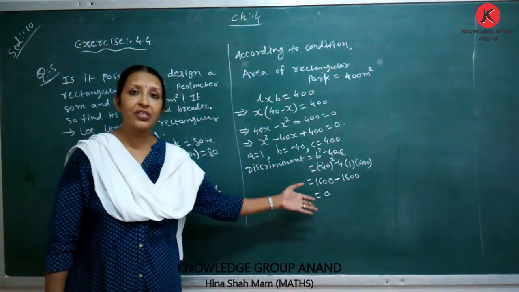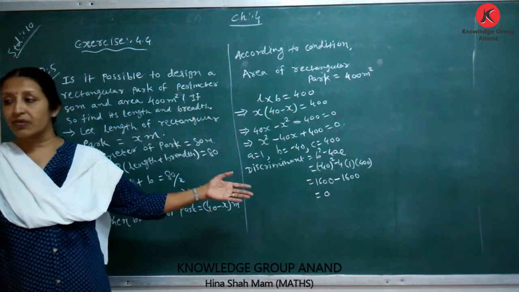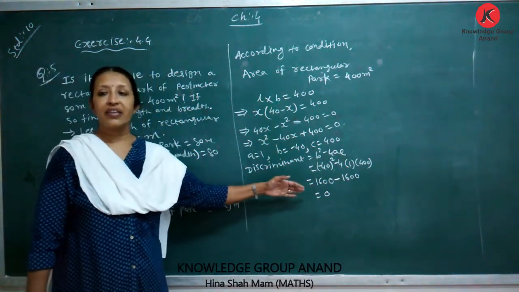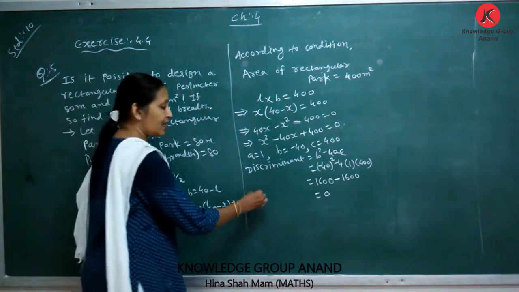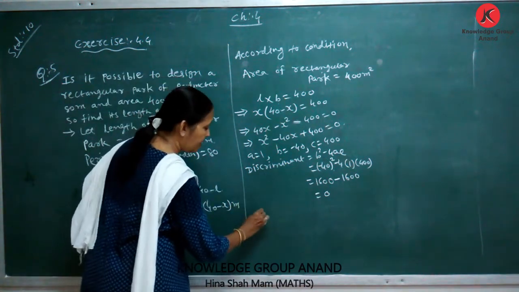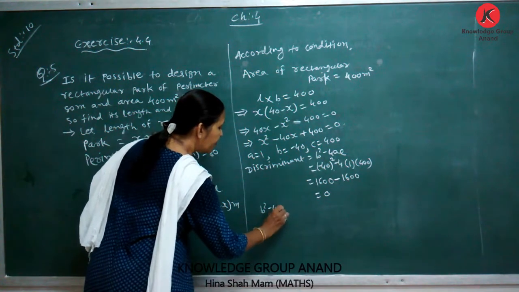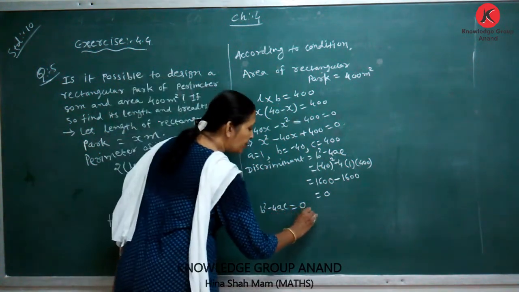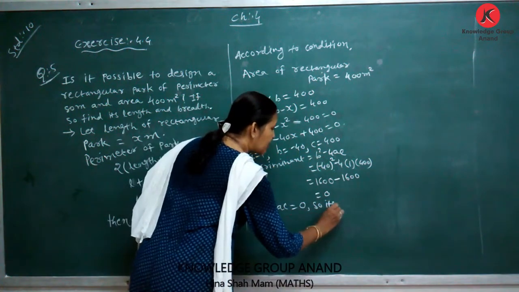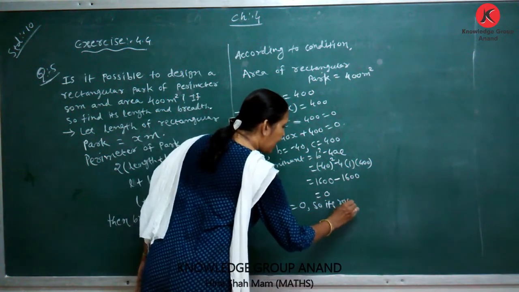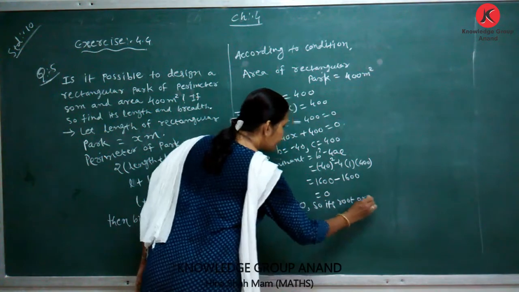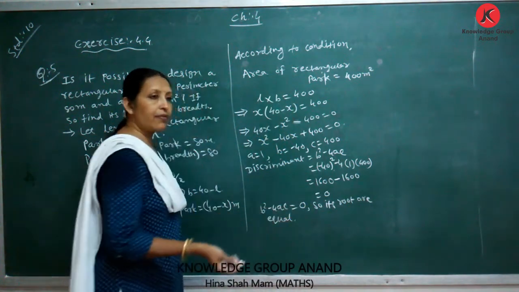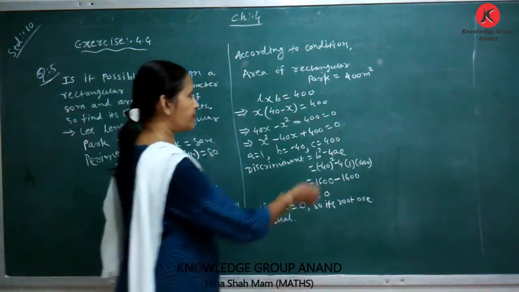What is the nature of its roots? Yes, its roots are equal. b square minus 4ac is equal to 0. So, its roots are equal, or equation has equal roots.